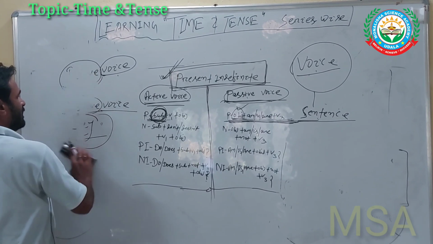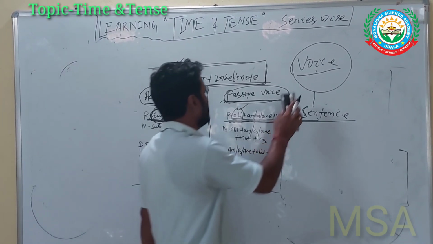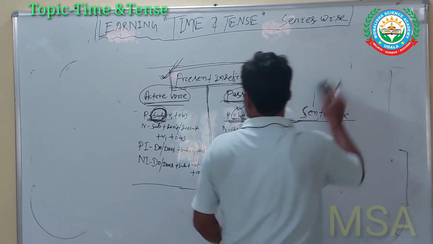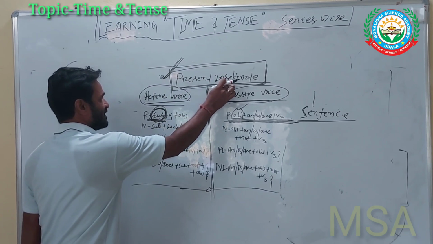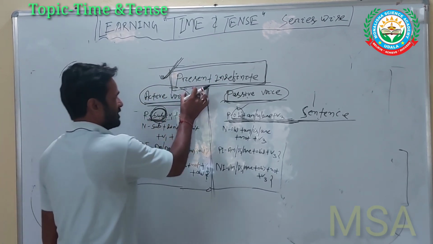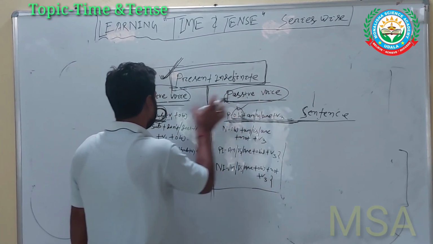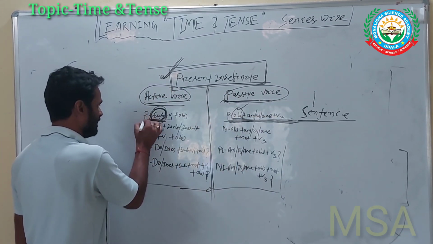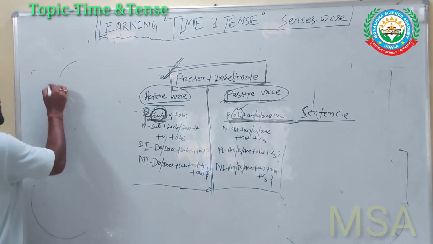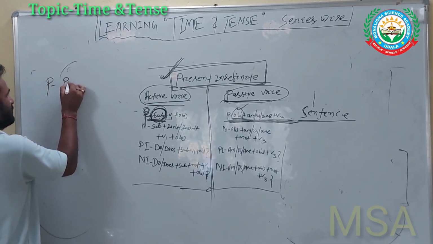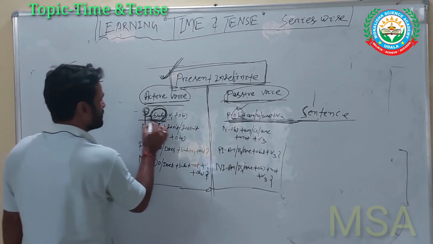We are talking about the structures of the sentences. Each and every tense, like the first one, present indefinite tense, has two parts. The first is the active voice part, the second is the passive voice part. In the active voice part you can see it is written P. P stands for positive sentence.